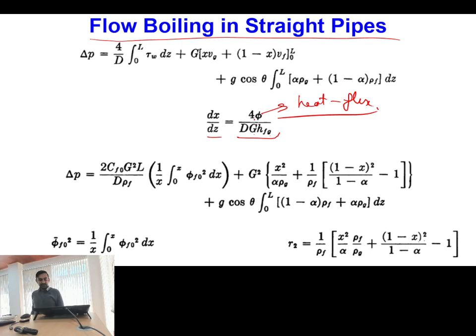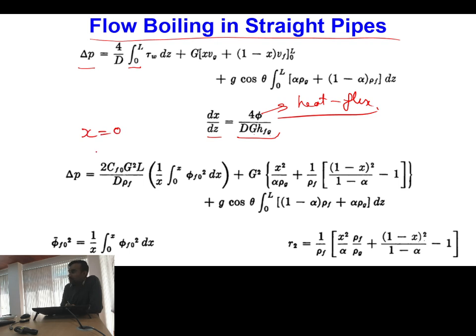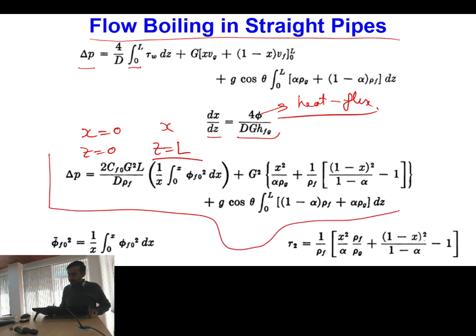That is coming from the previous lecture. And if we have to calculate pressure drop, then I have to integrate this equation from 0 to L, considering that quality is 0 at z equal to 0 and quality is x at z equal to L.